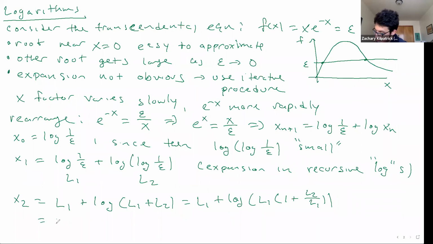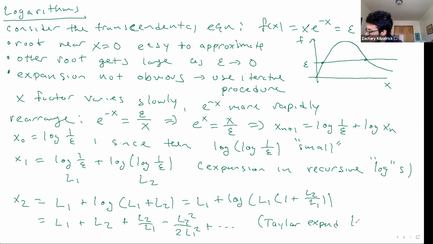So I get L1 plus log of L1, which is just going to be L2, okay? And then I'm going to get log of 1 plus L2 over L1. So let's Taylor expand that. And if I do, I get L2 over L1 minus L2 squared over 2L1 squared plus so on and so on, okay? So I'm going to Taylor expand log of 1 plus L2 over L1, okay?